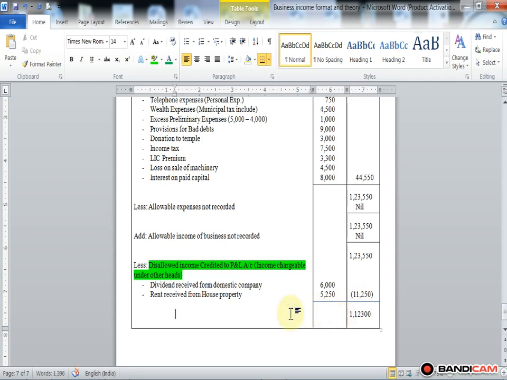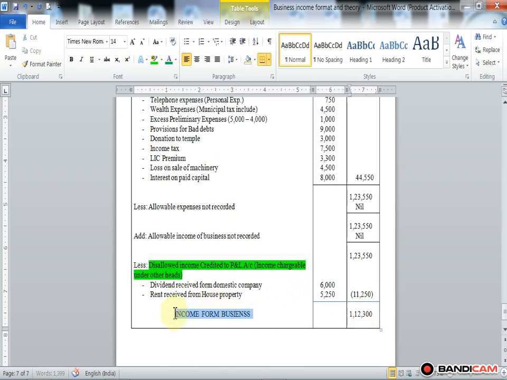Okay, so here we find out an income from business. Okay, so income from business is rupees 1,12,300. Okay, so very easy problem.